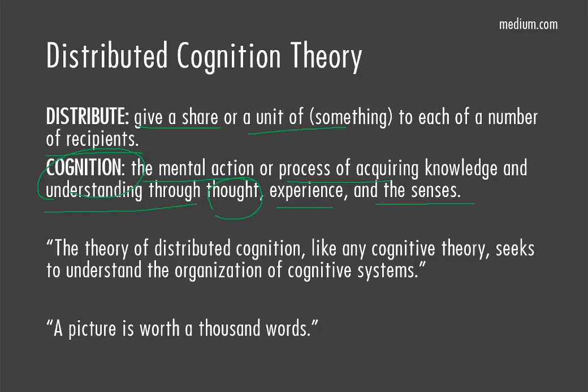Together, the theory of distributed cognition, like any cognitive theory, seeks to understand the organization of cognitive systems. I know. So how do you use this complicated term when designing an interface?